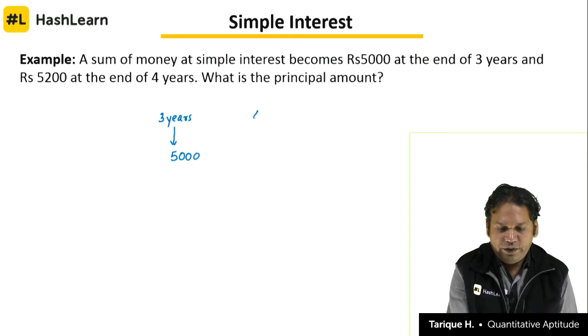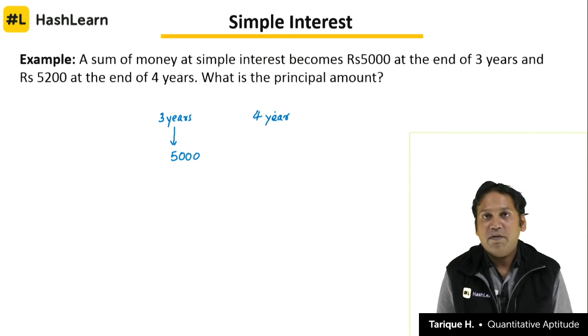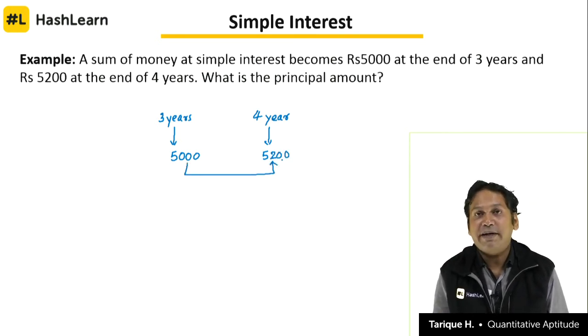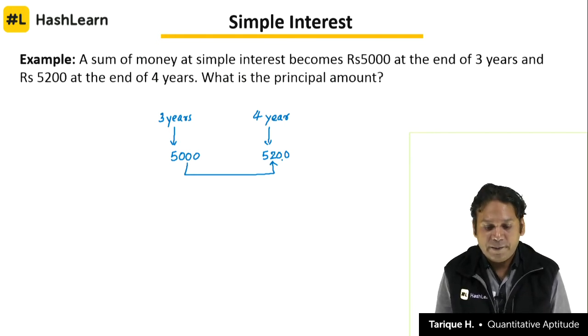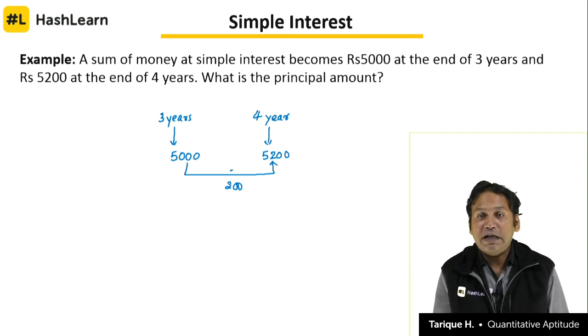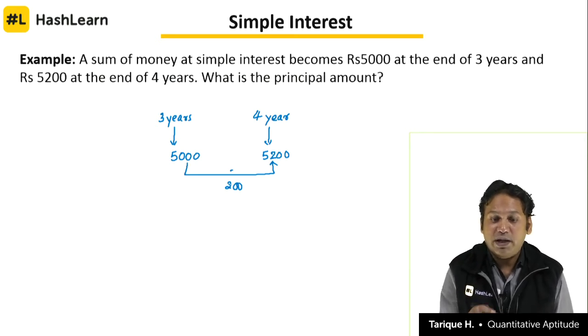At the end of 4 years, meaning after 1 year, the amount became 5200. So why did the amount increase? How did 5000 become 5200? How did it increase by 200? What is the difference here? 200. That means additional interest of 200 was earned in 1 year.